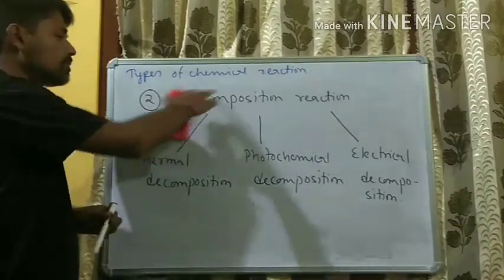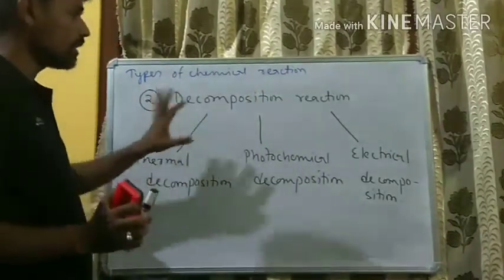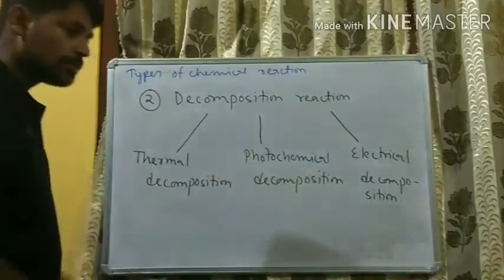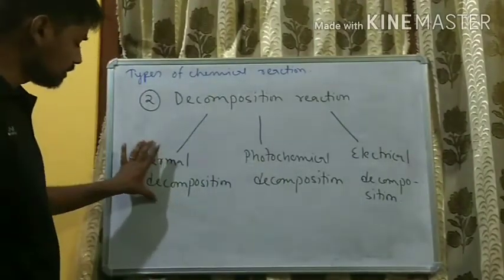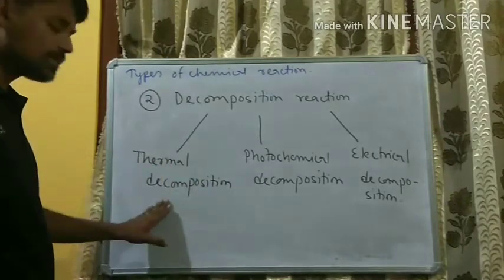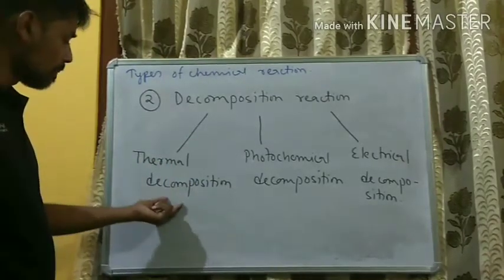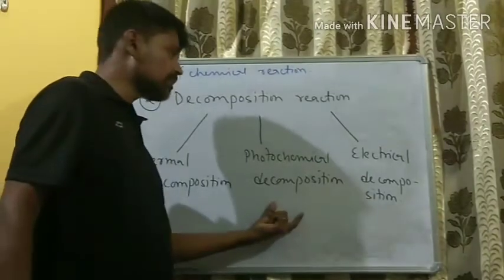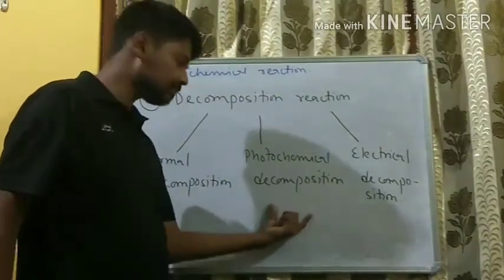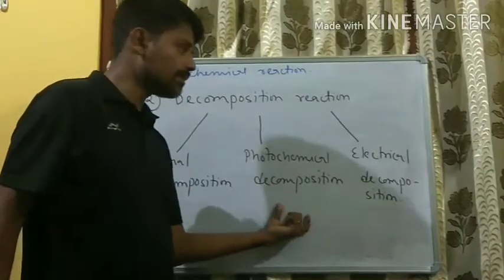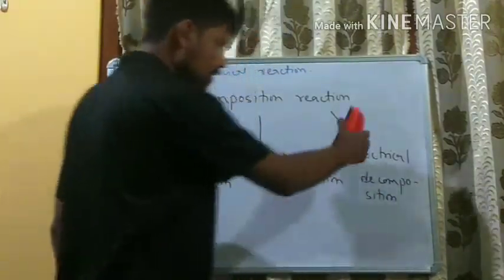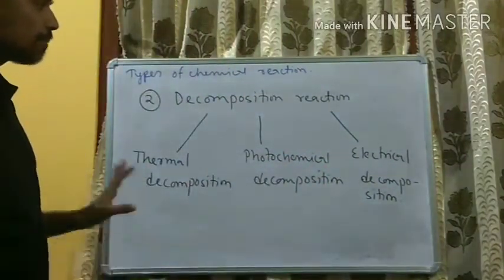As we know, decomposition reaction is breakdown of reactant into 2 or more than 2 products. In case of thermal decomposition, the decomposition reaction takes place due to heating. In case of photochemical decomposition, the reaction takes place due to sunlight. And in case of electrical decomposition, the decomposition reaction is done by applying electricity.